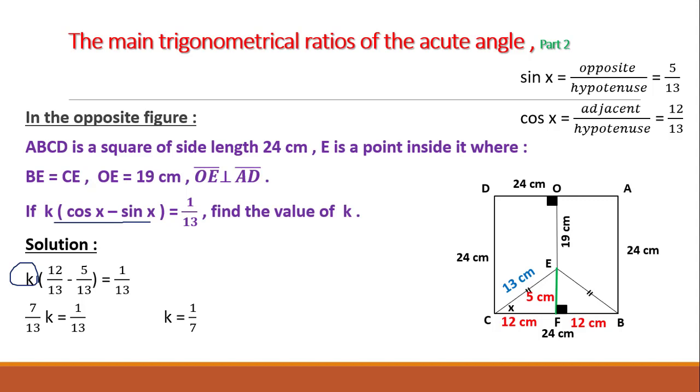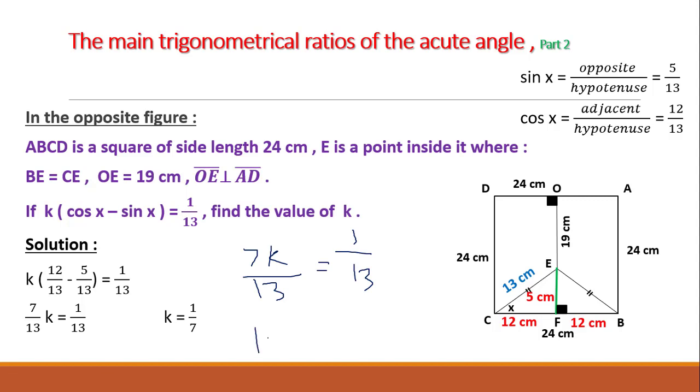Okay, by cross product, k equals 13 times 1 over 7 times 13. It will be 1 over 7. In another way, this means 7k over 13 equals 1 over 13.